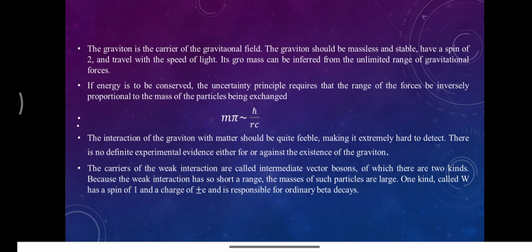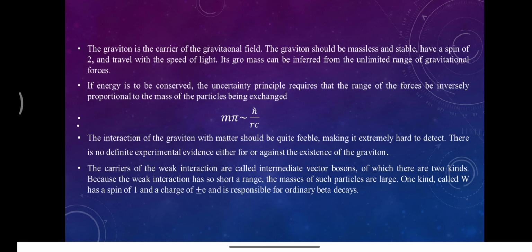The interaction of gravitation with matter is extremely weak, making it extremely hard to detect. So there is no direct experimental evidence either for or against the existence of the graviton, and we cannot confirm whether the graviton exists by experimental or fundamental techniques.